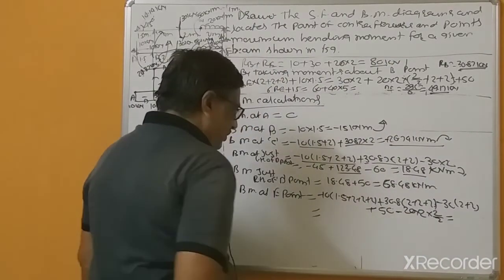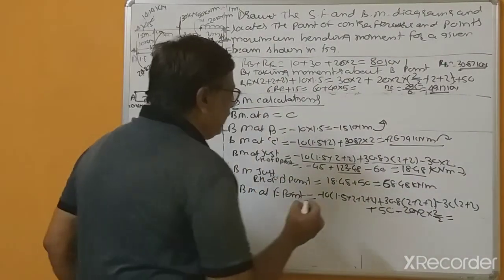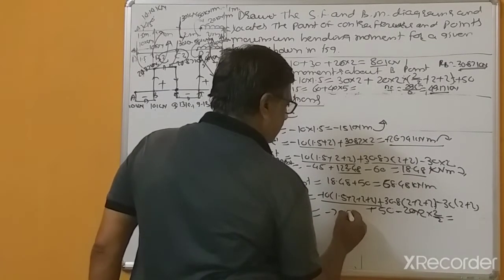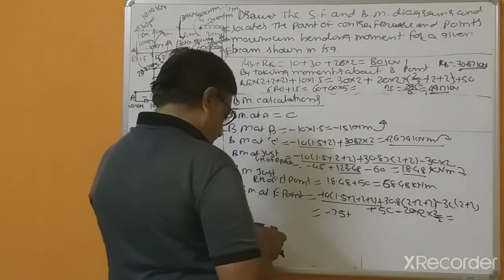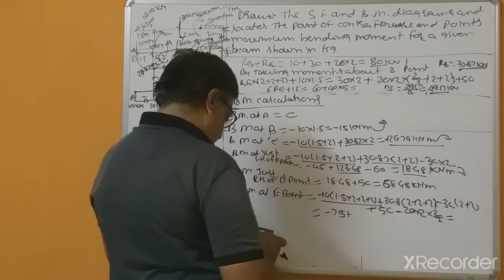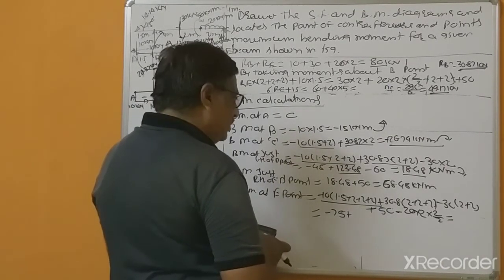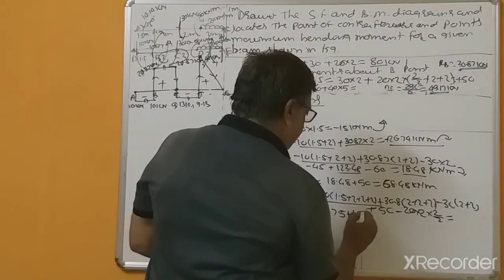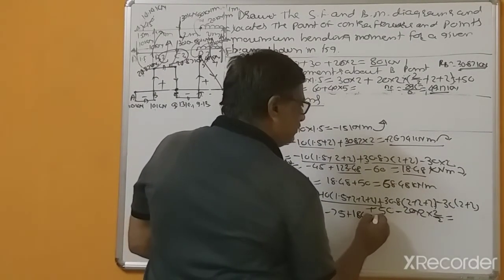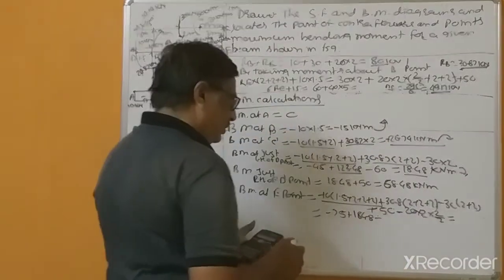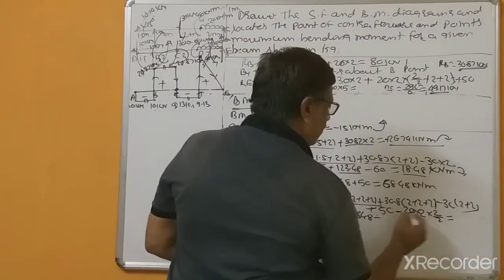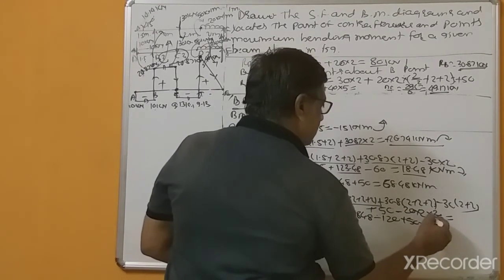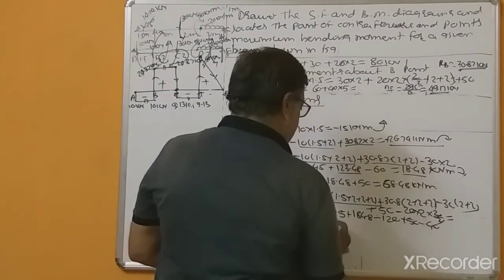Now this will calculate 10 into 75 plus 30.8 multiplied by 6, 184.8, minus 120, 40.